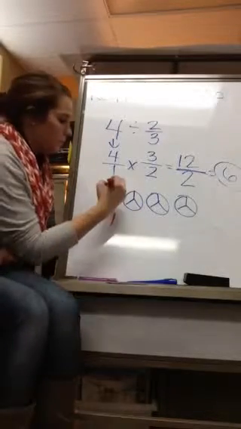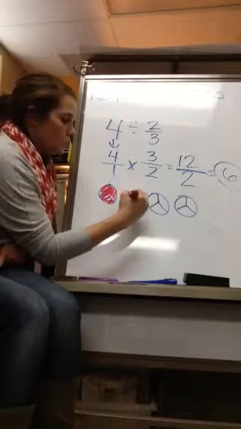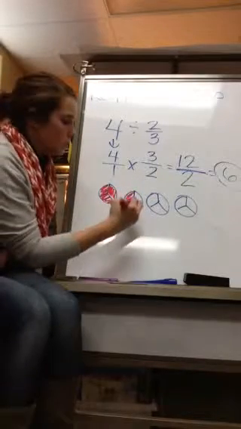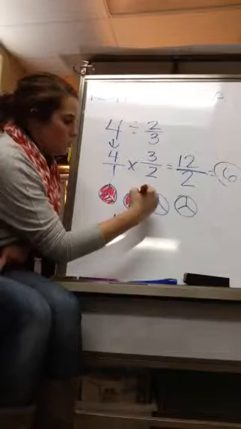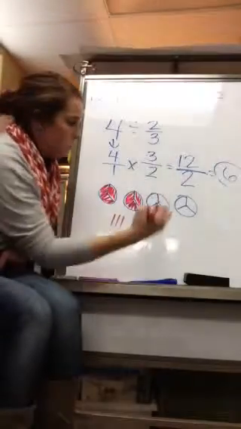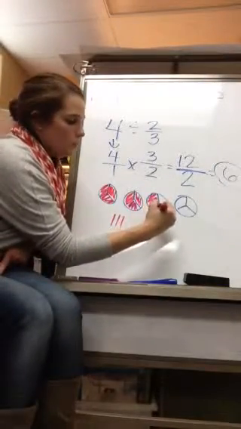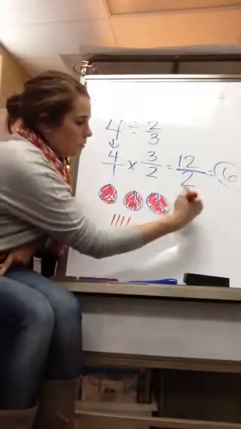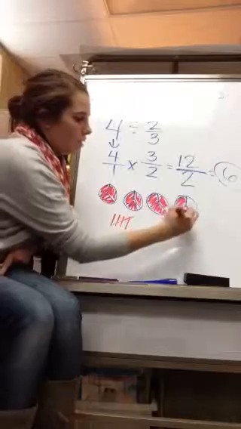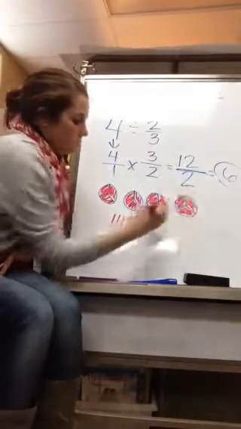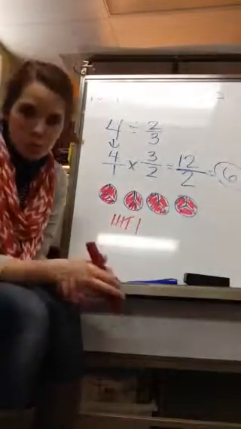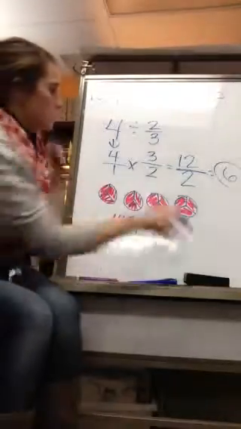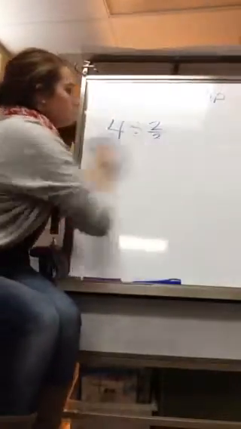That's one group. That's 2 groups. That's 3 groups. That's 4. There's 5, and here's my 6. 6 groups of 2/3.